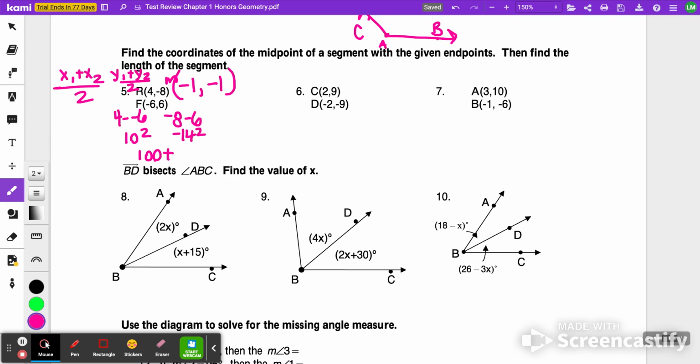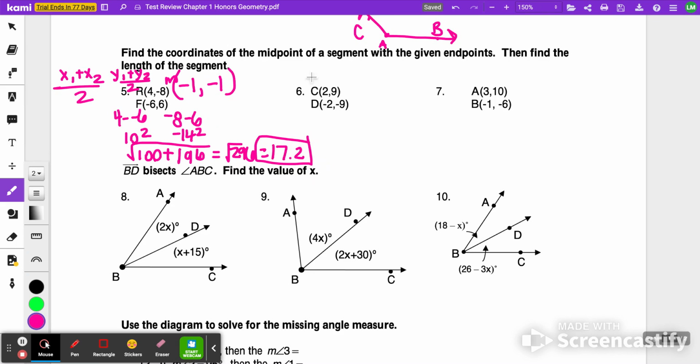And grabbing my calculator really quickly, 14 squared should be 196. So I have 100 plus 196, and then I'll find the square root of that. That'll be the square root of 296, which is about 17.2. Okay.